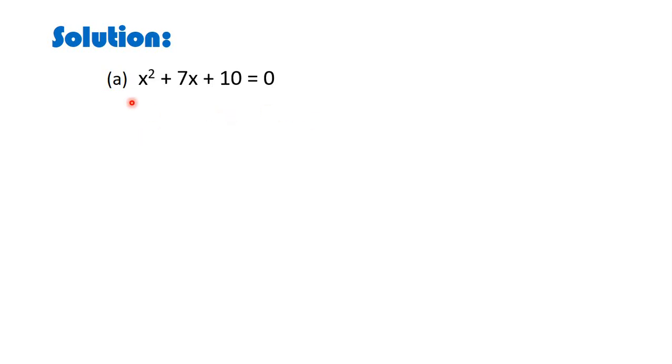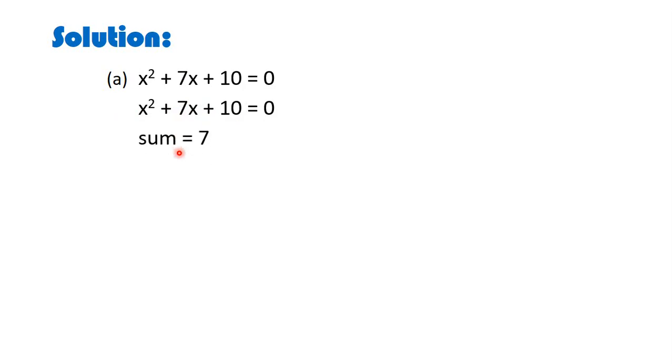To solve this equation using the factorization method, we are first going to get the sum. The sum is the coefficient of x, which is 7. So that is the b, which is 7.